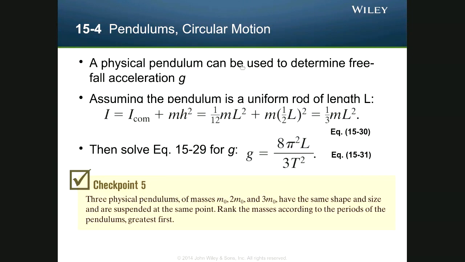So a physical pendulum can be used to determine, again, g, assuming the pendulum is a uniform rod of length L, right? So this is how you do it for length L. You would use the parallel axis theorem to get your new moment of inertia. You could plug it into the period equation you had before, and you can solve for g. And you'll notice that, again, this is how we do science. This is very scientific. There's the thing you're calculating, you're predicting in terms of the things you can measure.